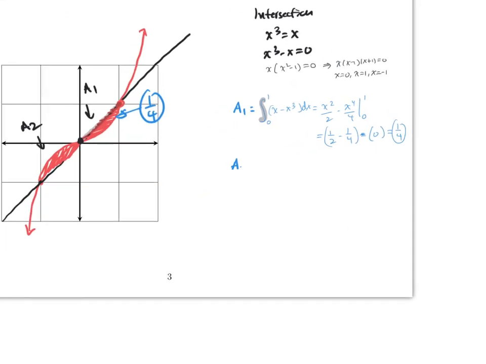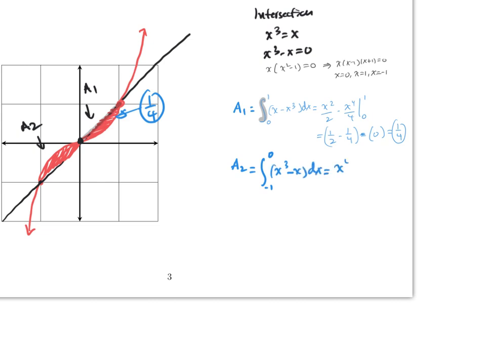So then the second area is supposed to be now the integral from -1 to 0. And now the top area is this one right here, or the top function, sorry. So this should be x cubed minus x dx.